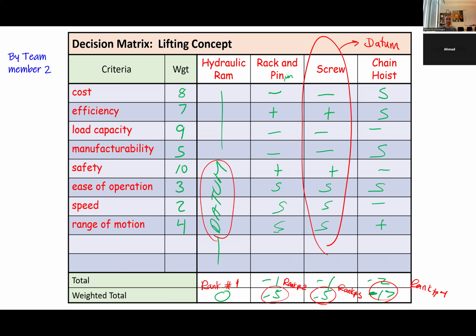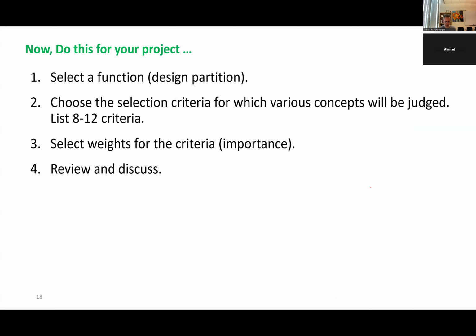If after ranking, you found out that another concept, let's say the screw concept, just as an example, became rank number one, then it's going to take the place of the datum. That one is going to be the datum, and you compare the rest with that one. All right. So here is my suggestion. Do this for your project.